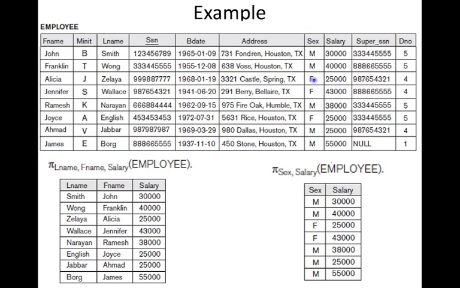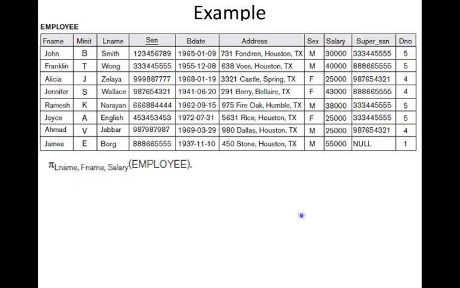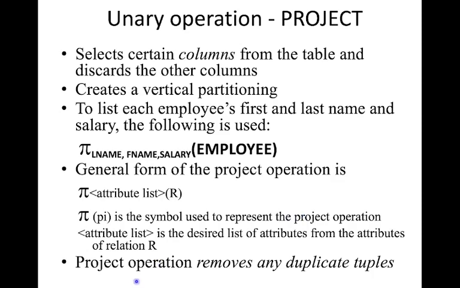So if we check F 25,000, this row and this row are same. We have already mentioned project operation will remove duplicate tuples. So one F 25,000 will be removed here. We have only one F 25,000, the second one is removed. So that is what we have mentioned in the last sentence: project operation removes any duplicate tuples.